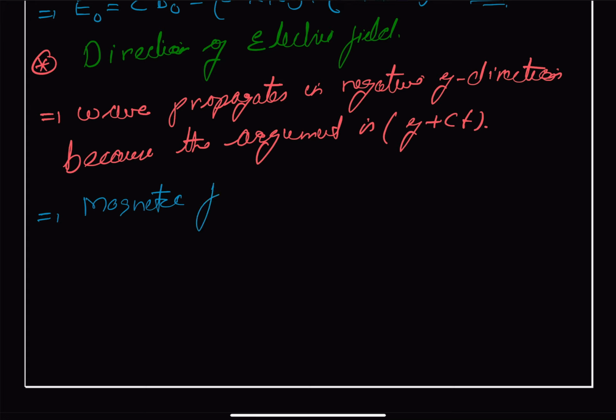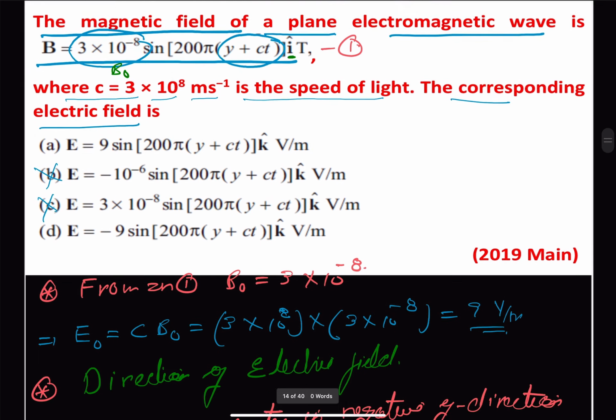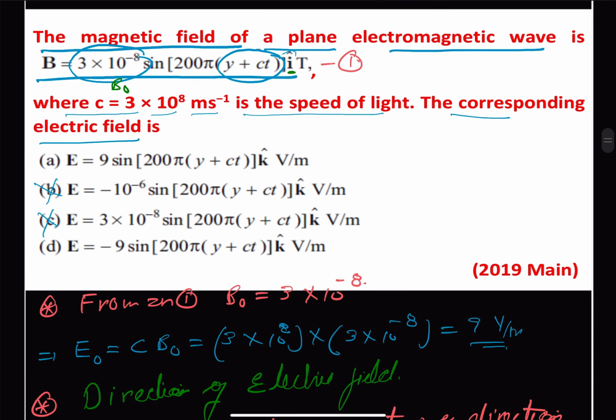The magnetic field is in the i unit, or x direction, because the i unit is already mentioned in the equation itself. So this is the representation of our magnetic field.